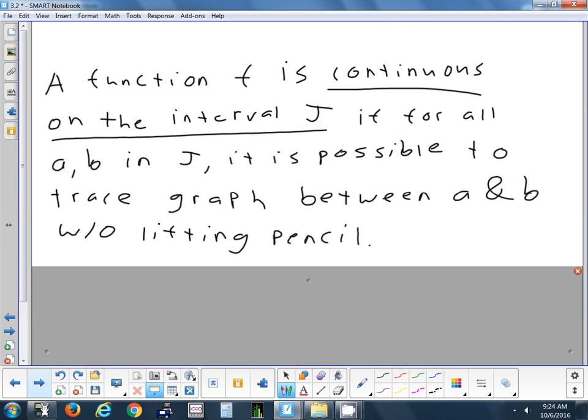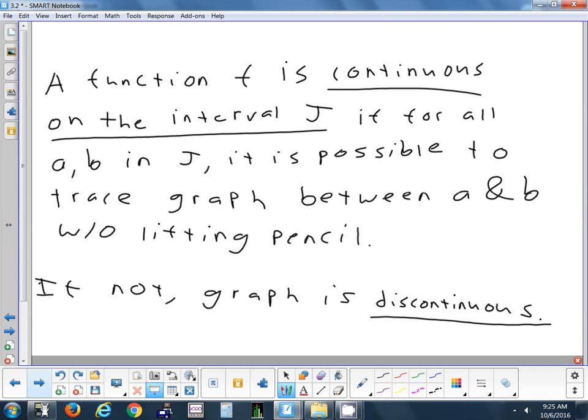If you never lift your pencil, then that's called a continuous function. If you have to lift your pencil, then it's not continuous, it's discontinuous. We could be a little more mathematical in how we describe continuous. Lifting your pencil is not an exactly precise definition, but that's basically what it means.